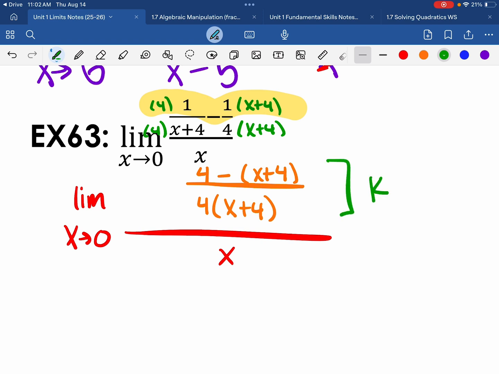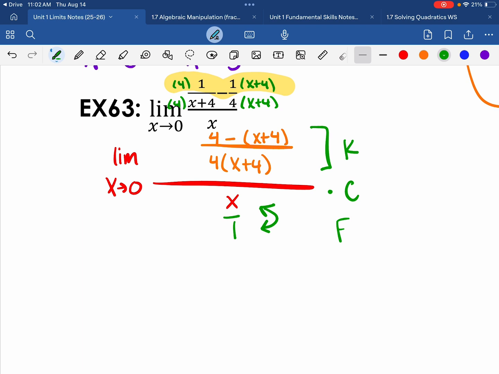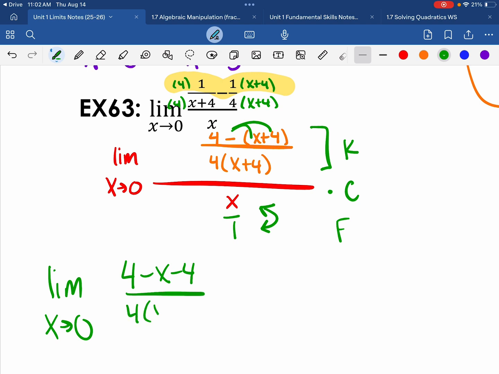So we are going to keep the top fraction, change the sign to a multiply, flip the bottom around. If you want to put it over 1, you can. So you can kind of see the fraction getting flipped. All right, I'm going to distribute out the negative also in this step to just save me a step. So 4 minus x minus 4 over 4 times x plus 4, times, and then flip it over, 1 over x.